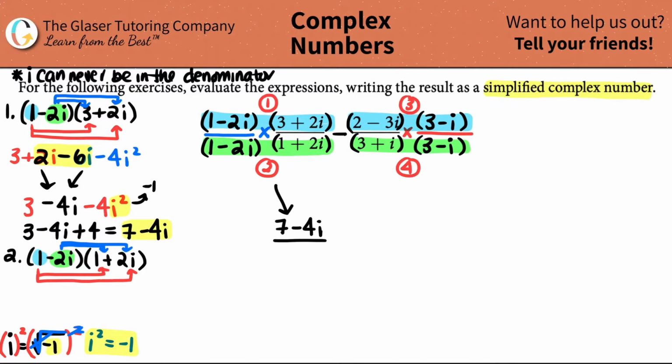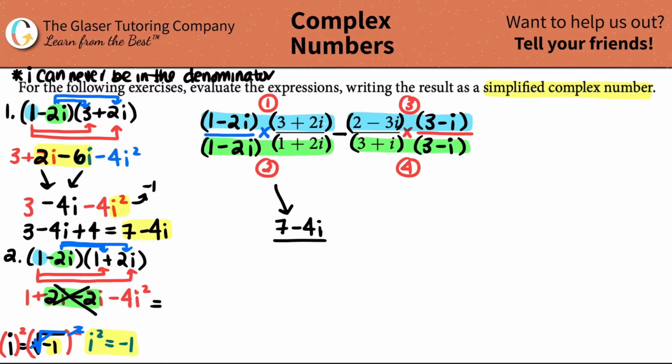1 times 1 is 1. 1 times 2i is a plus 2i. Negative 2i times 1 is a negative 2i. And then negative 2i times 2i is a negative 4i squared. Clean this up. I have i's in the middle, but 2 minus 2 is 0, so they cancel.